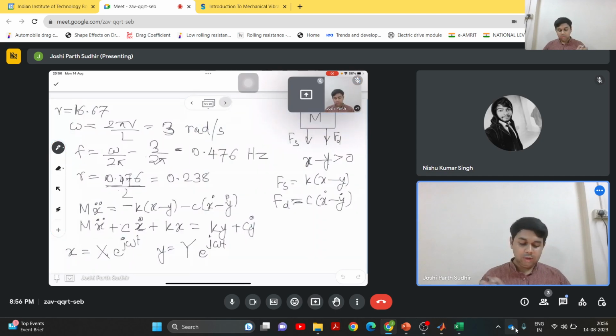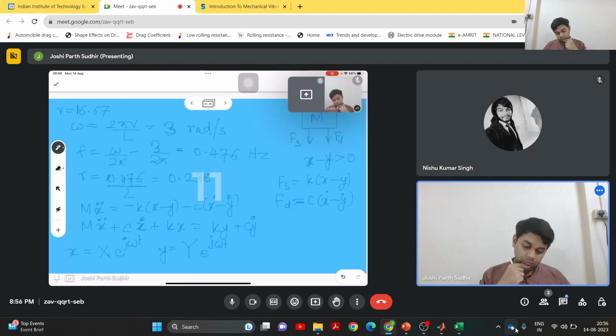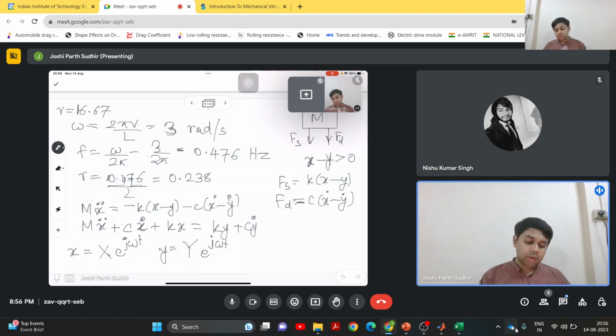So capital Y is actually 0.1. We have already calculated the value of r, and we also know the value of zeta, which is 0.15.